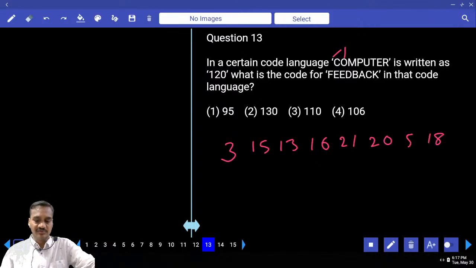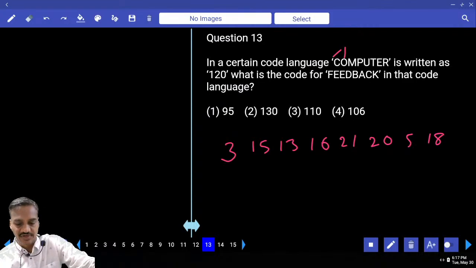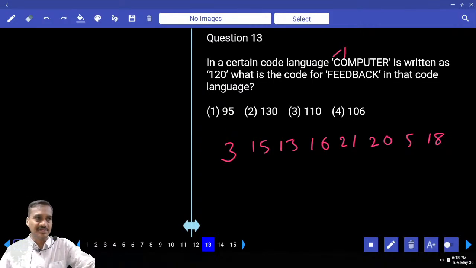Then if you add all this, 3 plus 15, 18 plus 13, 31 plus 16, 47 plus 21, 68, and 88. 88 plus 5, 93 plus 18, 111. Do we get the answer? No. There are only 8 letters, isn't it? Hence it is not following that one.